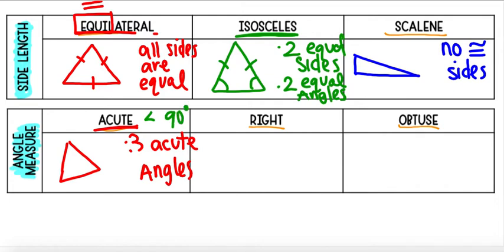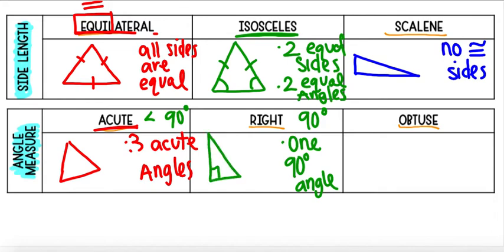Okay, then we have the right triangle. That means there's a 90-degree angle, so there is one 90-degree angle within the triangle, right? And when we draw a picture of that, it might look something like this, where there is a right angle. Notice that we write a right angle using a box. You've probably seen that before. That means 90 degrees. Okay, but there's one 90-degree angle. And then finally, an obtuse triangle. We know an obtuse angle means it's greater than 90 degrees.